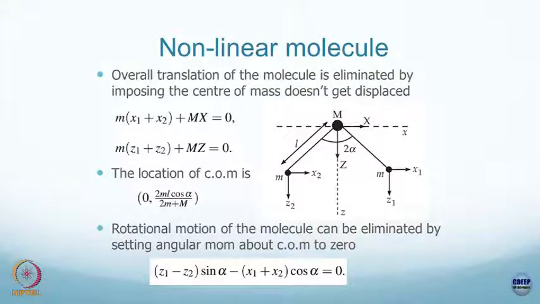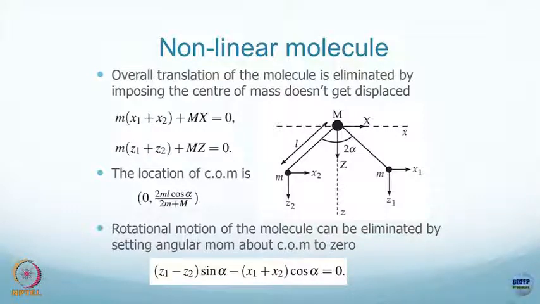Okay. So, I said overall translation of the molecule is eliminated by imposing that the center of mass of the molecule does not get displaced. So, you put that to be the origin. So, you have, remember an example like a water molecule, right, the 2 hydrogen atoms and this is the oxygen atom, and we have this equation for the center of mass of the molecule not getting displaced.